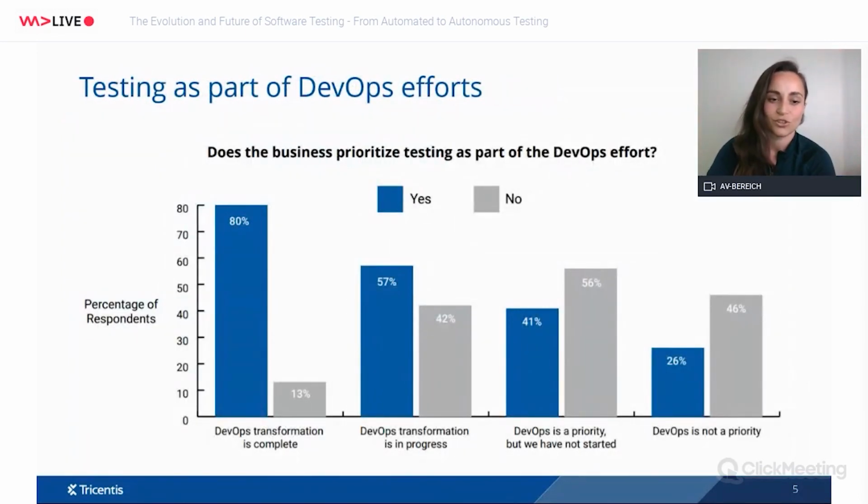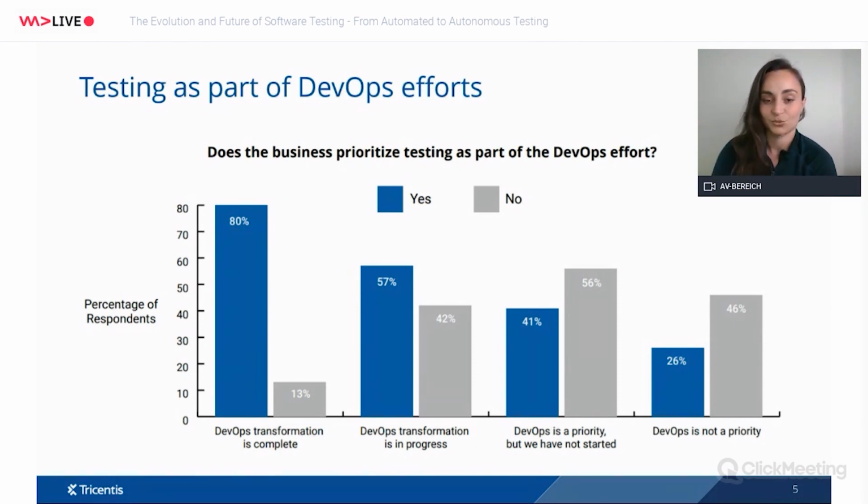We also looked at some research around what DevOps organizations are saying once they have approached a higher maturity in their DevOps journey. Whenever we talk to customers that are, you can say, complete with their DevOps transformation, although I don't like to use that word because you're never really complete, you're in a very advanced state, 80% of them say that testing is a big business priority in their organizations.